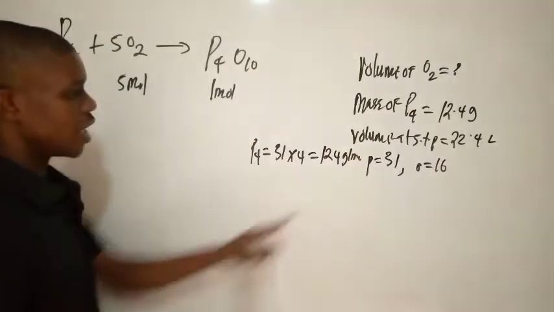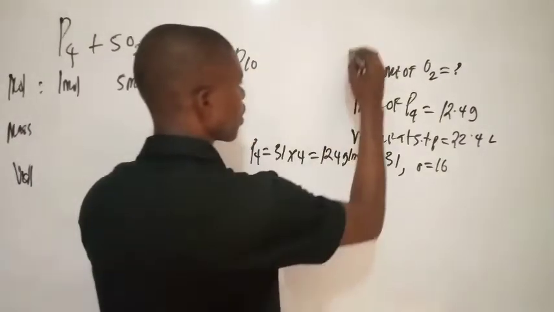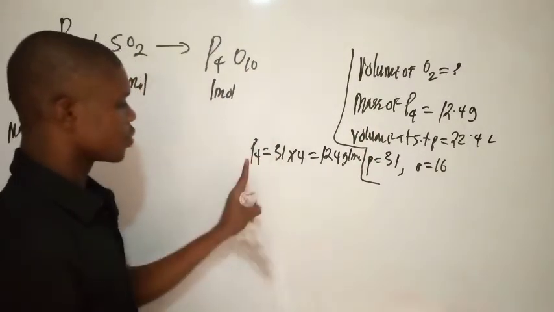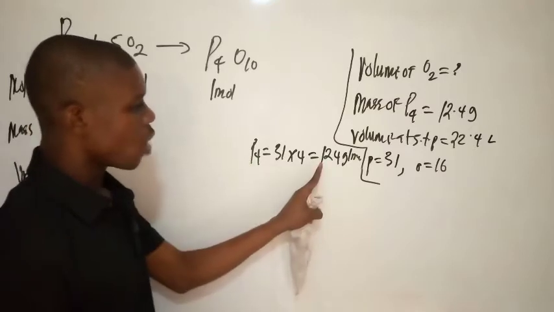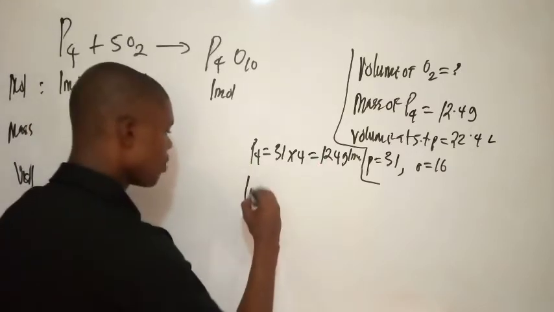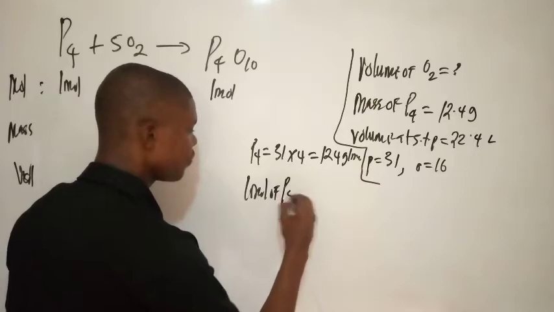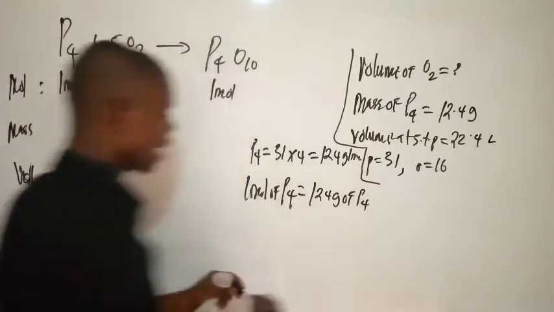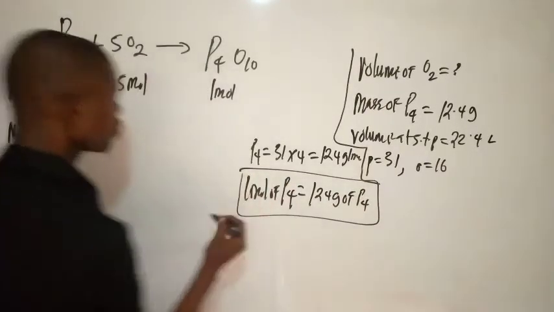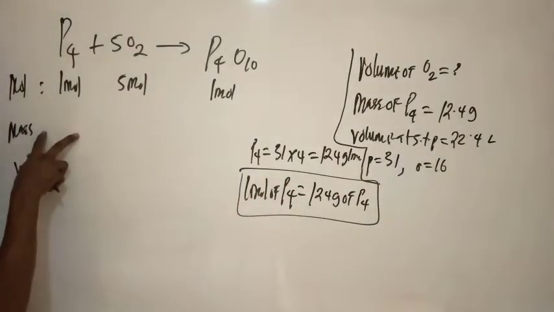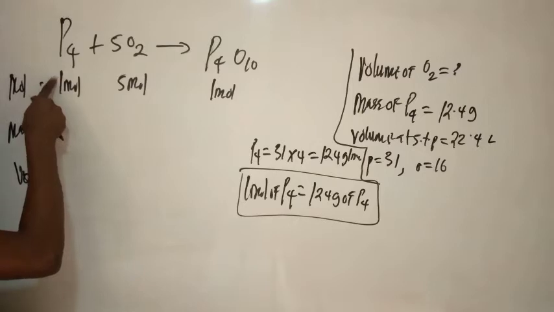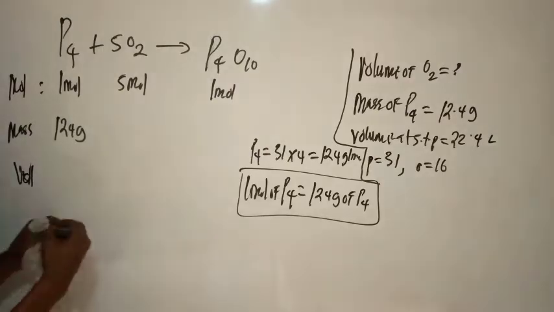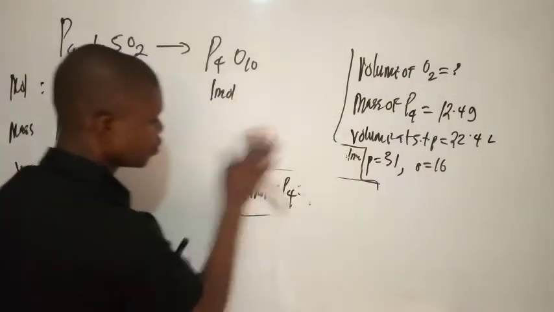It means that for every 1 mole of phosphorus I have 124 grams, so 1 mole of P4 is equal to 124 grams of P4. Here we have 1 mole, so 1 times 124, which is 124 grams.